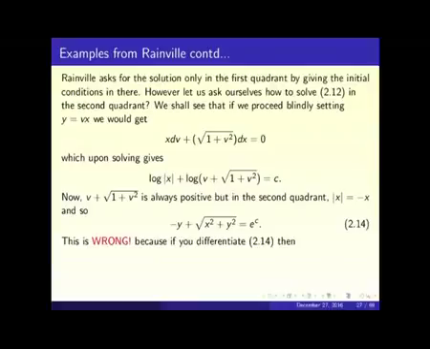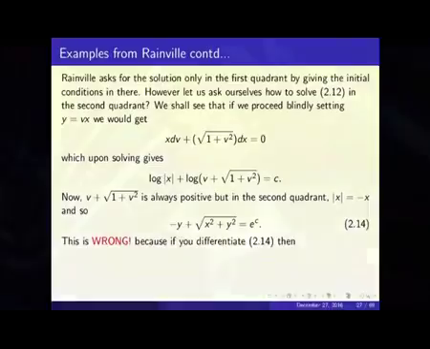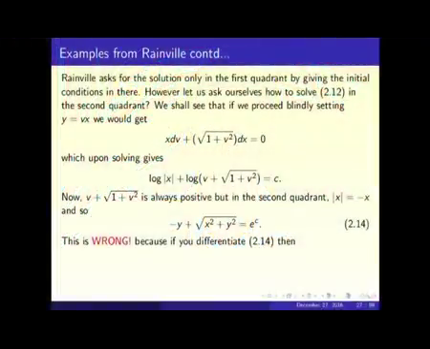So when you combine the two logs together, you get minus xv. But minus xv is minus y. So the solution reads minus y plus root x squared plus y squared equal to e to the power c, which is 2.14 in the displayed slide.